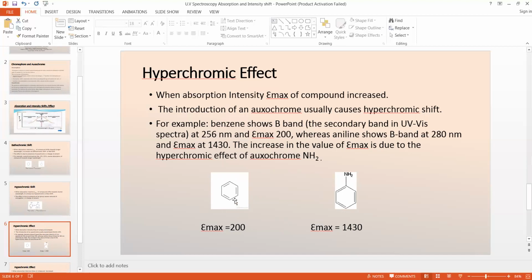In the case of benzene, the intensity maxima is 200, while in the case of aniline, the intensity maxima is 1430, because in aniline, the electronic transition increases, which increases the lambda max and which further increases the intensity of the absorption. I hope you are able to understand.